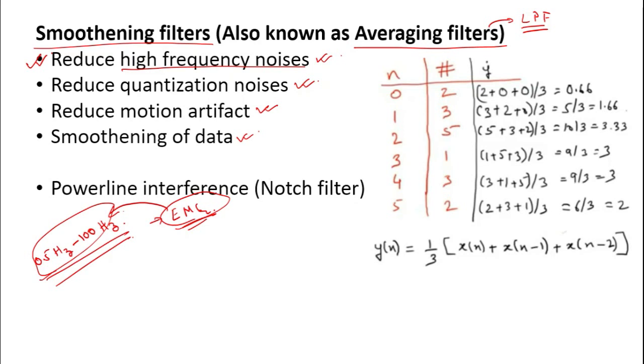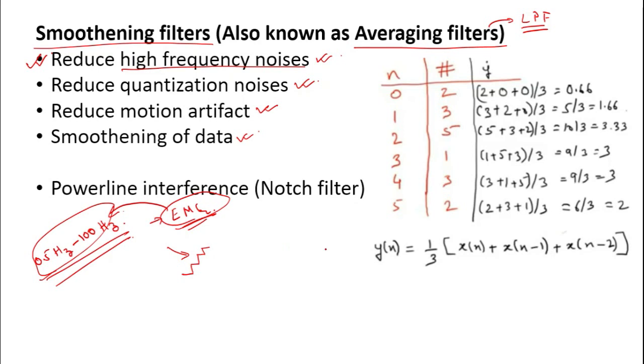Our next point is the reduction of quantization noise. When we have the quantization process and we change the quantized signal back into an analog signal, we get a staircase-like signal.